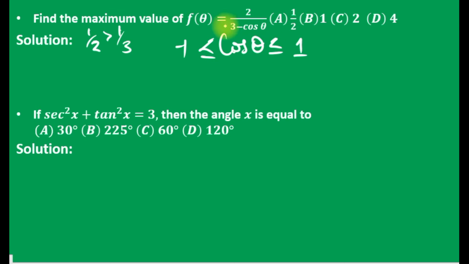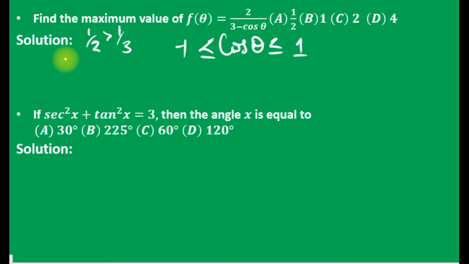So if we can make this one as small as possible, we now obtain the maximum value of the function. So how do I make this one as small as possible?